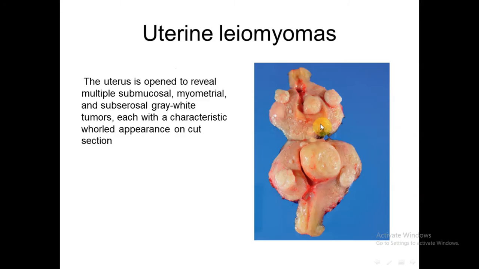Here, the most common benign tumor of the female reproductive system is leiomyoma. As we mentioned, leiomyoma originates from smooth muscles of the myometrium. Here, multiple leiomyomas of different sizes forming circumscribed nodules of gray-white color.